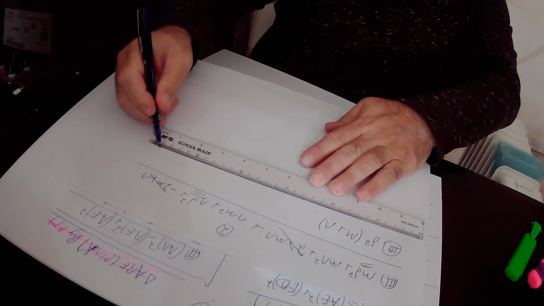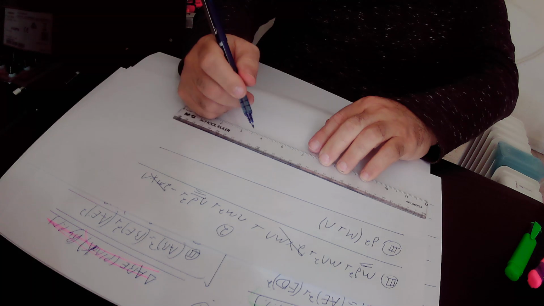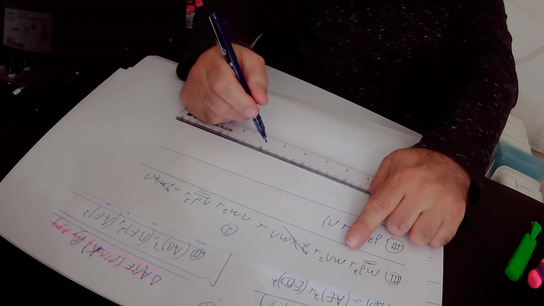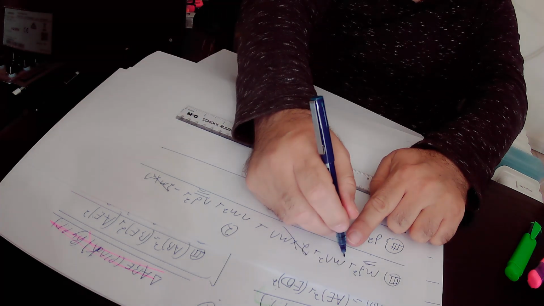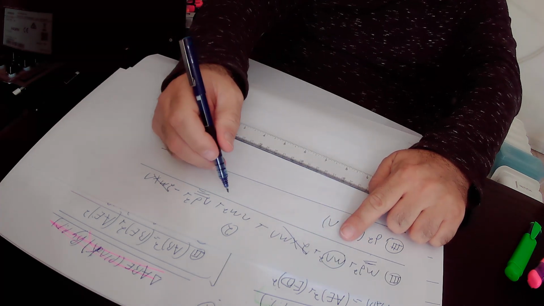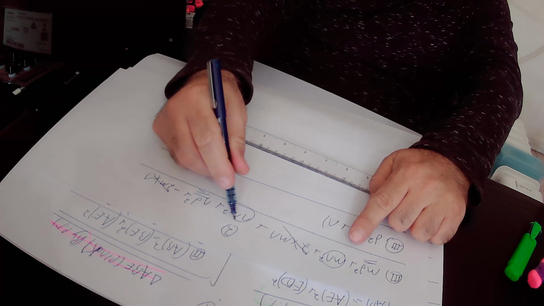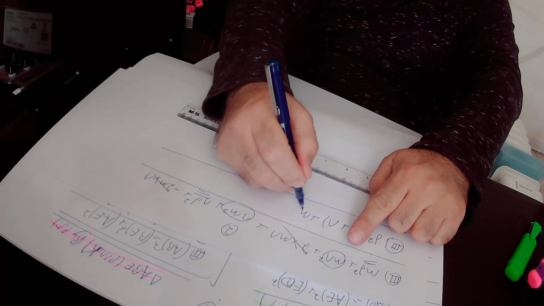In the next step, we take out mn as a common factor from this expression, and we'll also take out nm as a common factor from this expression. So here mn is a common factor.